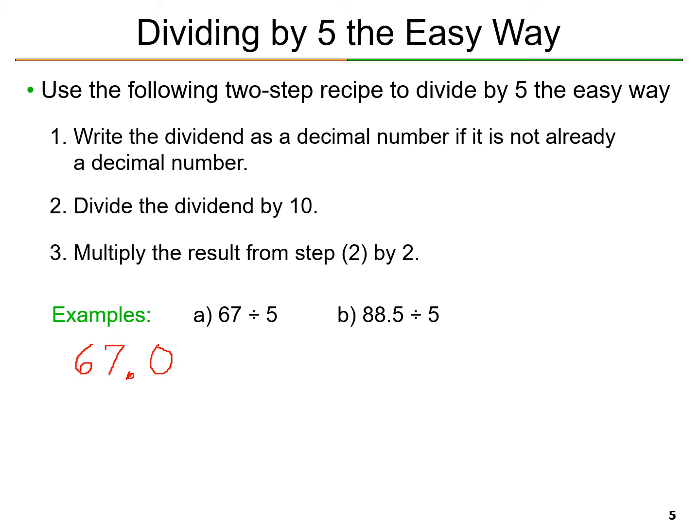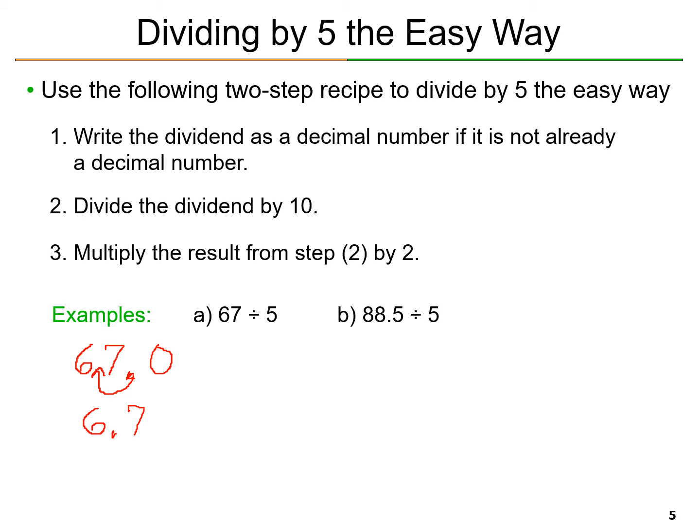So we're going to divide 67 by 10 the easy way, simply by moving the decimal point over to the left 1 place. So at this stage in the solution, we have 6.70. I'm not going to worry about this 0 here.